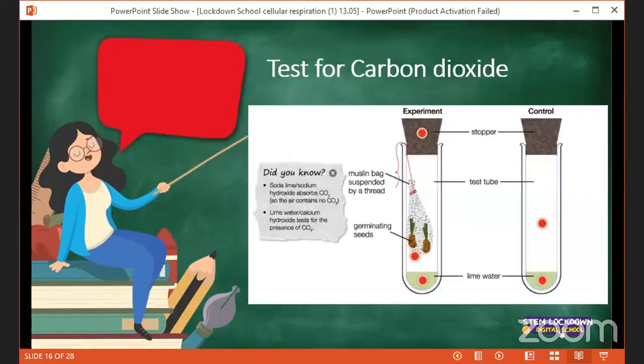Right. Okay, so the first test that we have is a test for carbon dioxide. Is carbon dioxide produced during cellular respiration? So remember, that would be our investigative question or the aim of the experiment. Okay, so remember, during experiments, we have our aim, we have our hypothesis, independent variables, dependent variables, and so on and so forth.